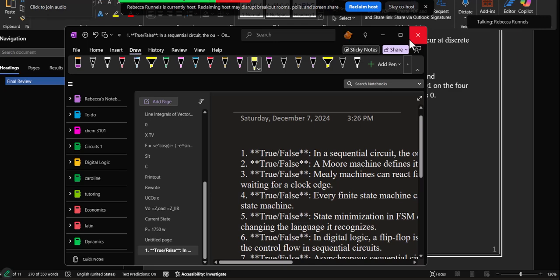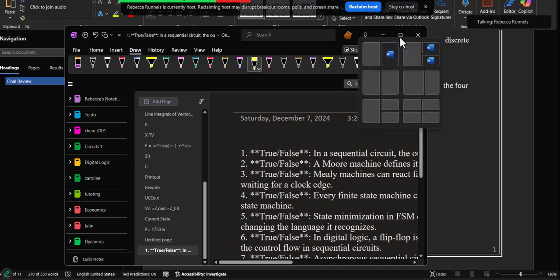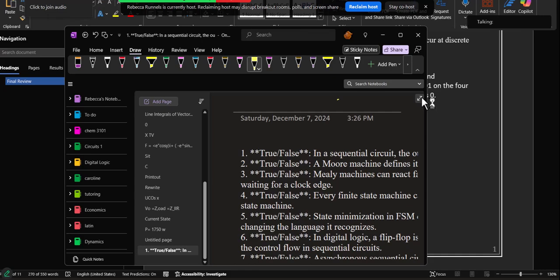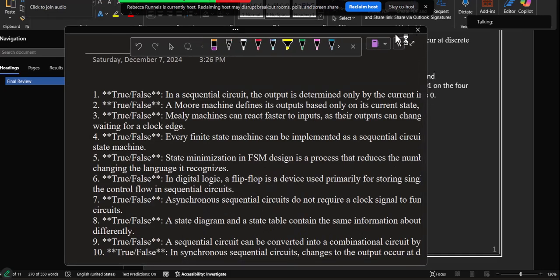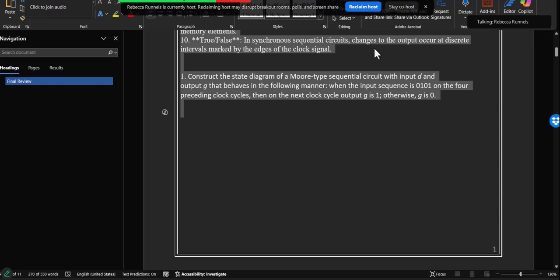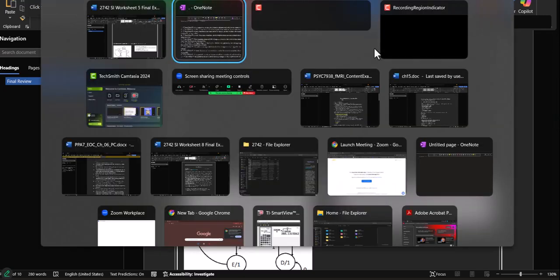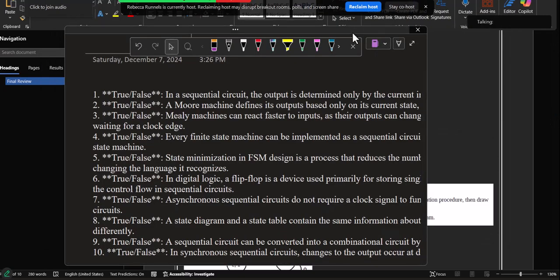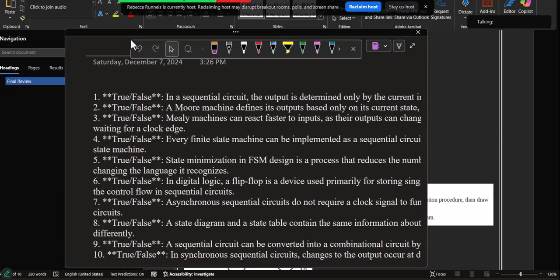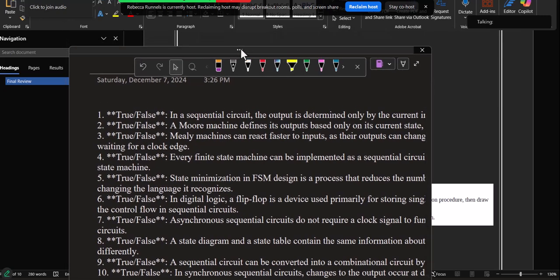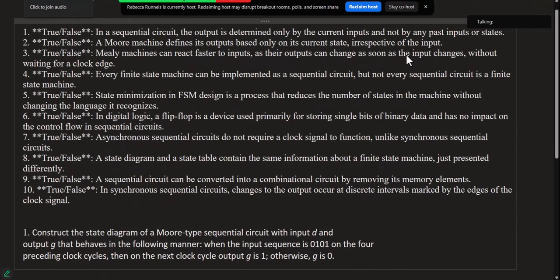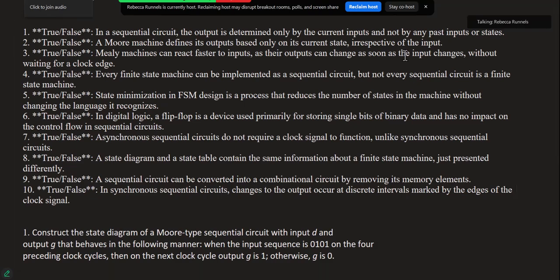Okay, so the reason it's false is because it says determined only by the current inputs and not any past inputs or states.